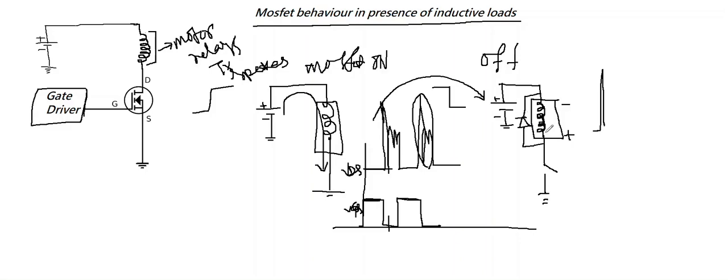So what happens when the voltage is developed across this inductor during turn off situations, it will have this path to discharge its energy through this path. So we will not see these spikes.